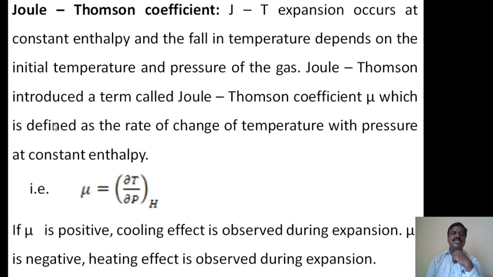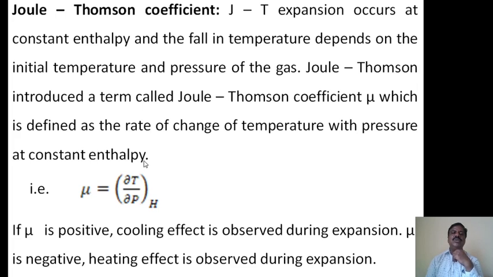Therefore Joule-Thomson introduced a term called the Joule-Thomson coefficient, represented as mu, which is defined as the rate of change of temperature with pressure at constant enthalpy.